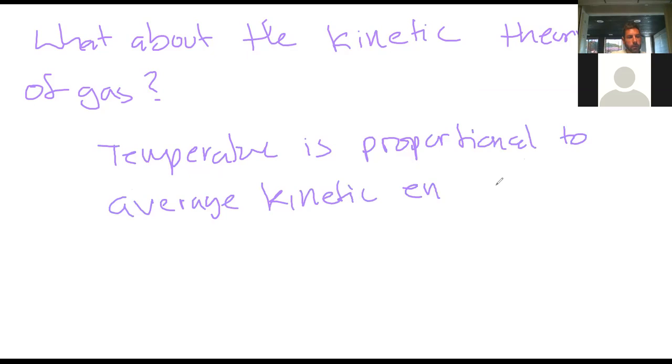So how do we write this in mathematical language? Well, it turns out that what experimentation shows us is the following.